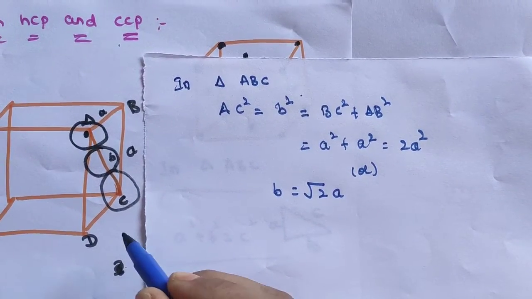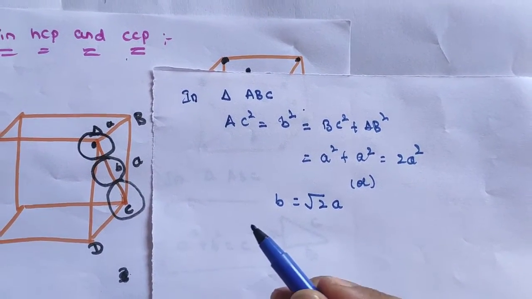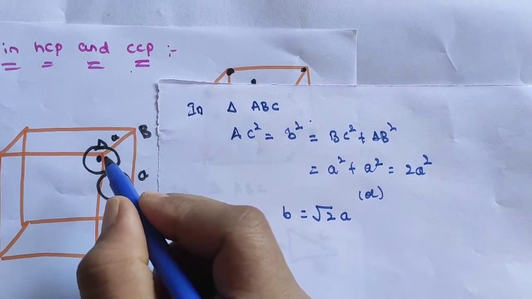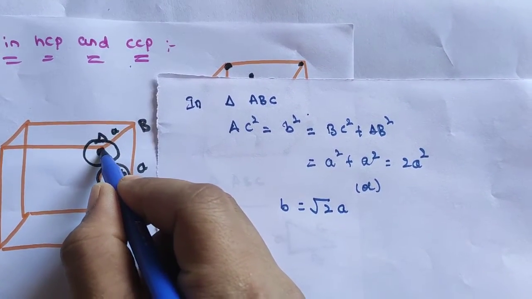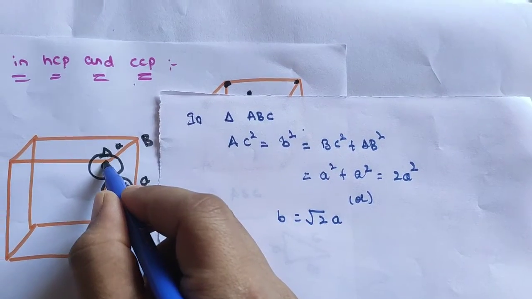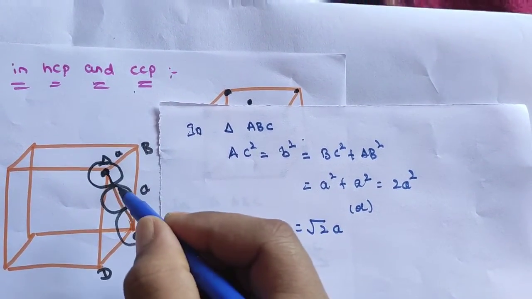If R is the radius of the sphere, how can we find the radius? I have already explained that the radius is nothing but the distance from the center of the particle to its edge, half of the distance from the center of the nucleus to the corner.